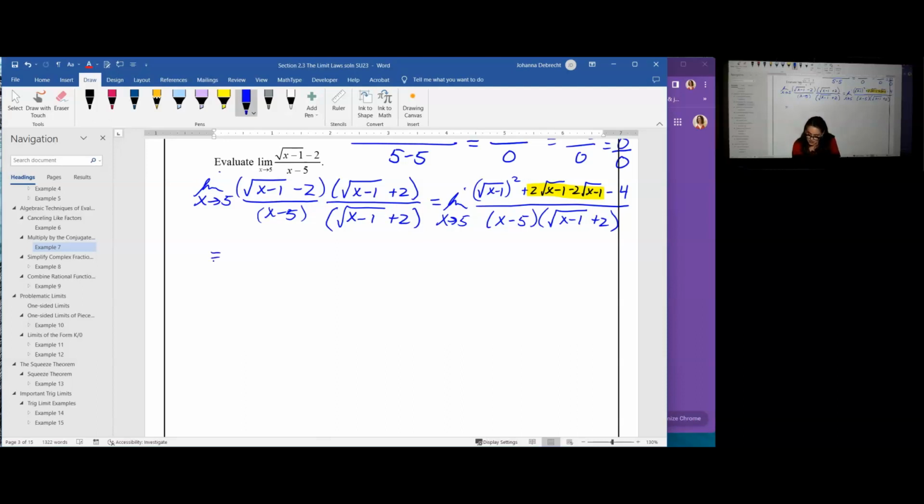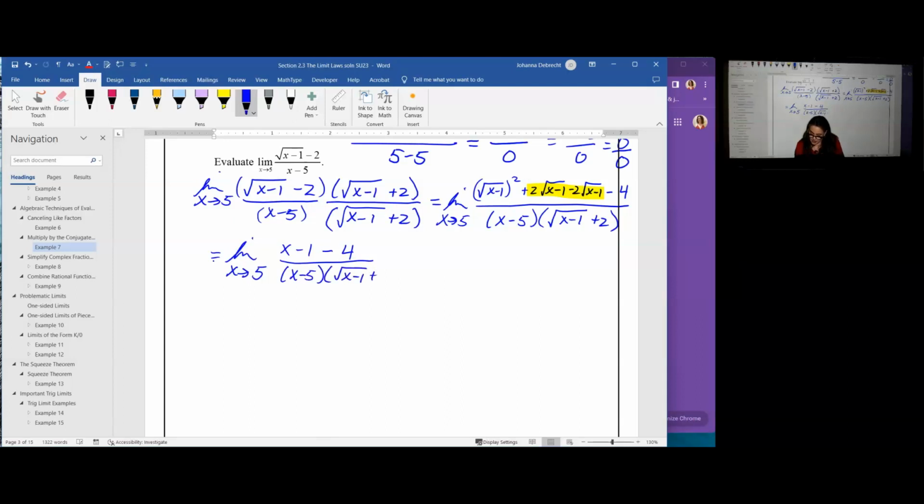We have not substituted the value of 5, so I have to keep writing the limit notation on every single step until I'm ready to do that. When I square the radical here, I end up with x minus 1. And then the inside terms cancel and I get x minus 4 over, leaving the denominator factored out.